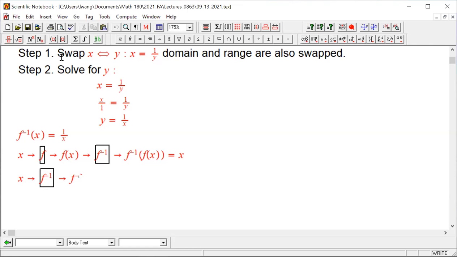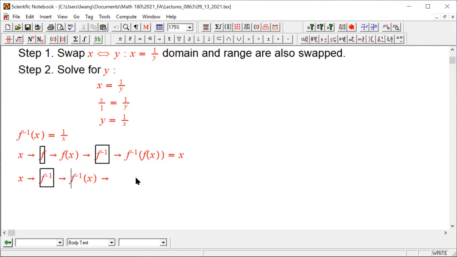Why is the symbol x being used, even though this x is from the domain of f and that x is from the domain of f inverse? So f inverse of x is the output after the rule of f inverse is applied to it.